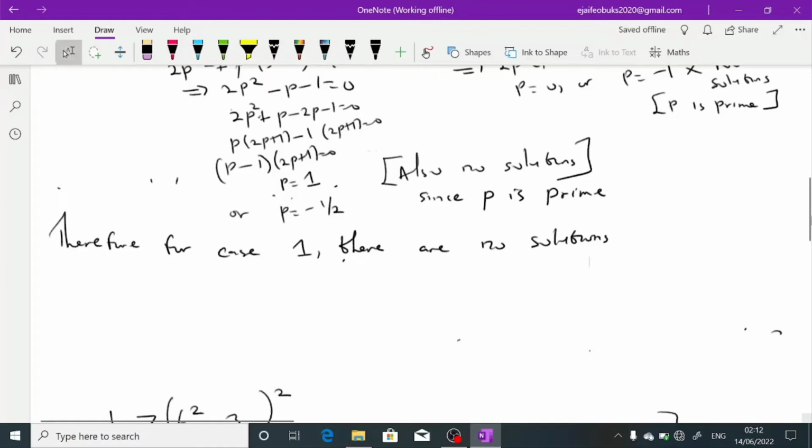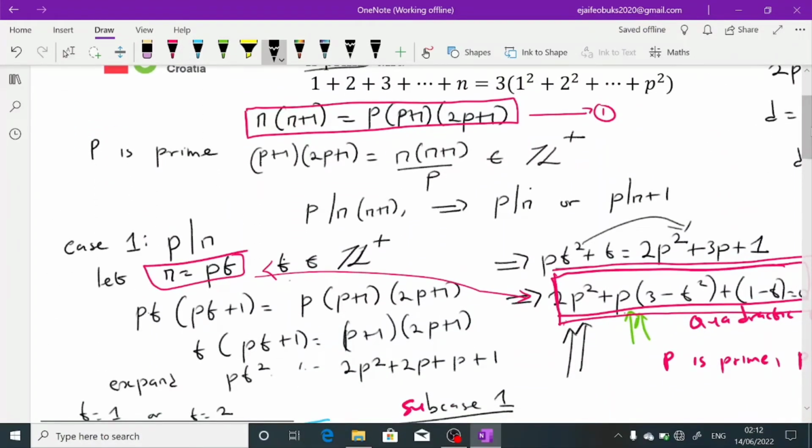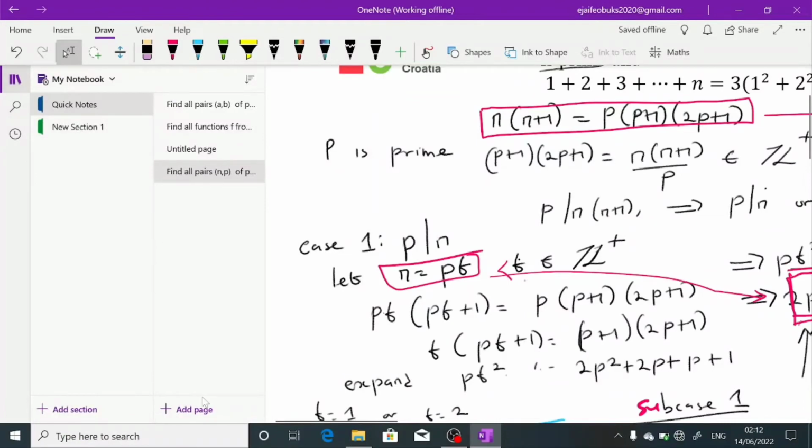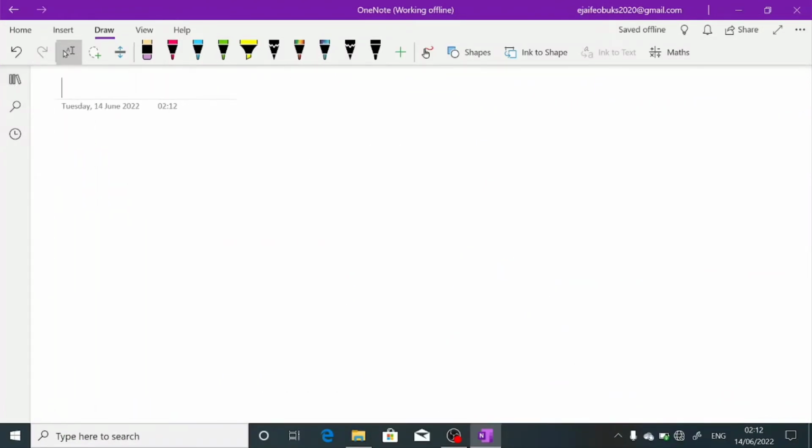The case 2 here, I'll go to another slide, and this slide is already filled. P dividing n plus 1. So let me add another page. Let me write out the equation again.